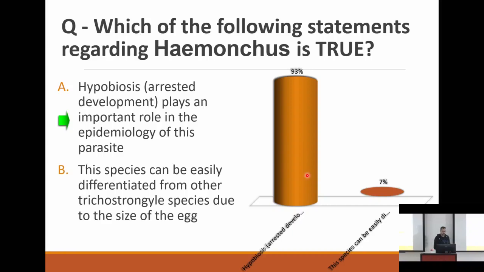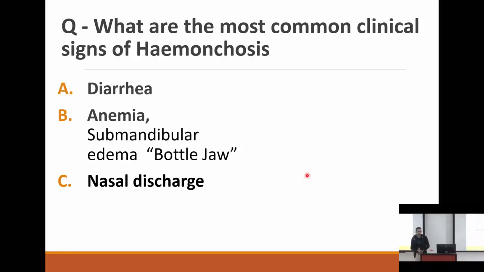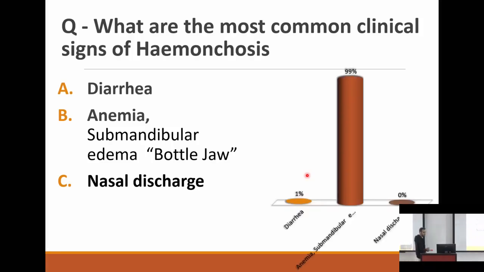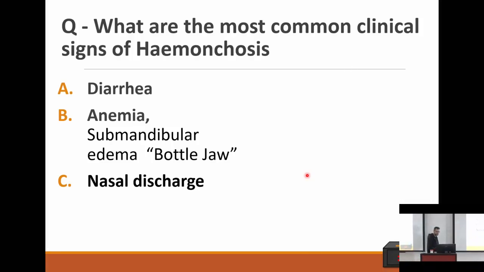Okay, hypobiosis plays an important role in the epidemiology of this parasite. Okay, so now what are the most important clinical signs of Haemonchosis? Very, very important.